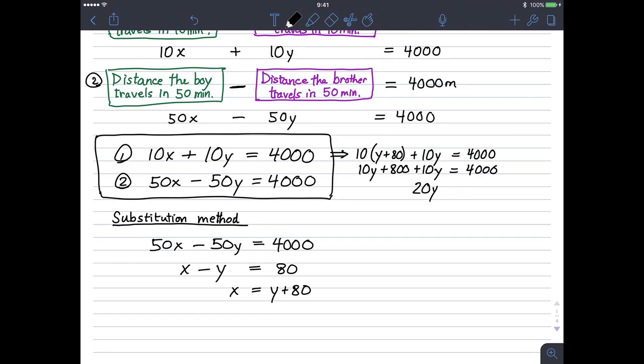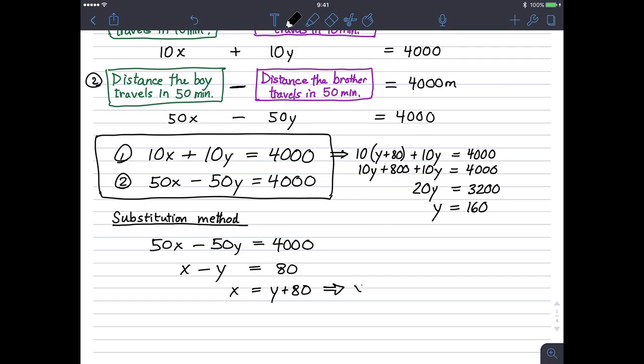Combining terms, 20y equals 3,200. y equals 160.